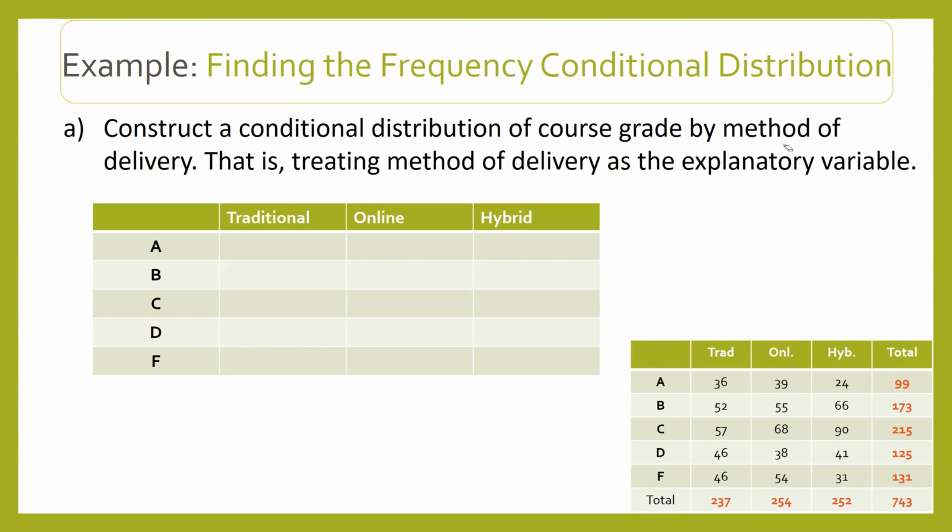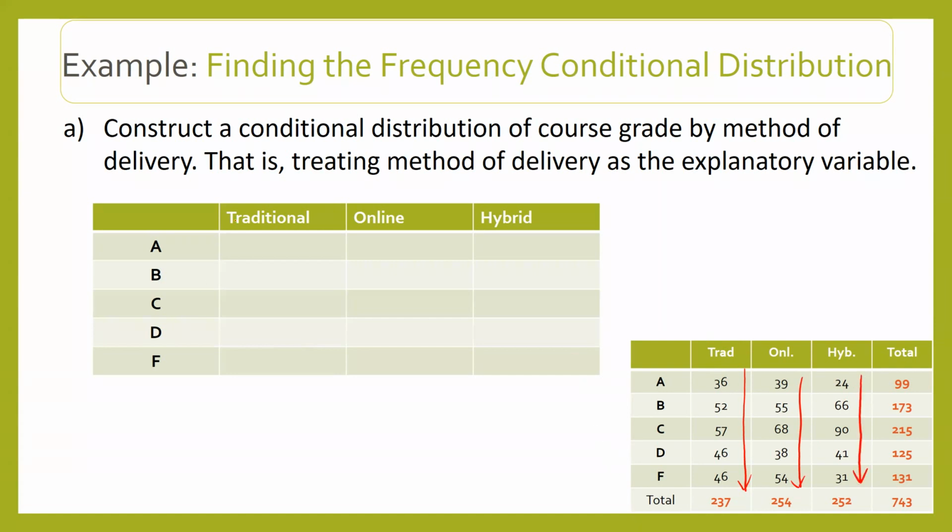So what does that mean? That means we are going to treat method of delivery as the explanatory variable. And I'm going to let you see how we go about that. So method of delivery is our focus. We are going to use method of delivery as our explanatory variable, so we are going to consider the sum over columns.